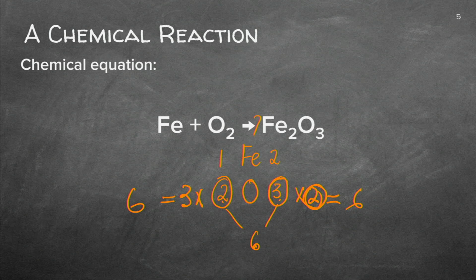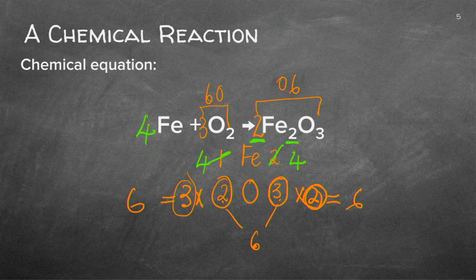So I'm going to put the 2 there. That means I've got 2 times 3, 6 oxygens this side. And I'm going to put this 3 here. 3 times 2, I've got 6 oxygens that side. What happened to the iron? Well, I've put 2 there and I've got 2 there. So I've got 4 there, which will mean I'll have to put a 4 there. Now I've got a balanced equation.